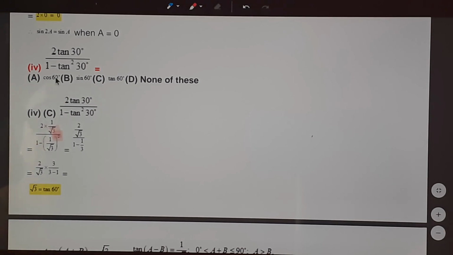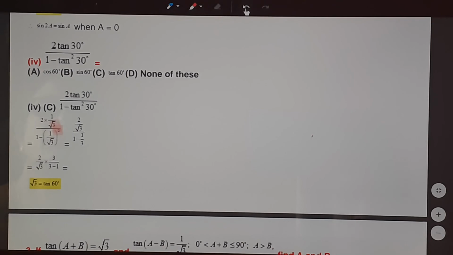Cos 60 degree is 1 by 2, which is not our answer. Sin 60 is root 3 by 2, again not this value. Tan 60 is root 3. So which option will be correct? Tan 60 is the correct option.